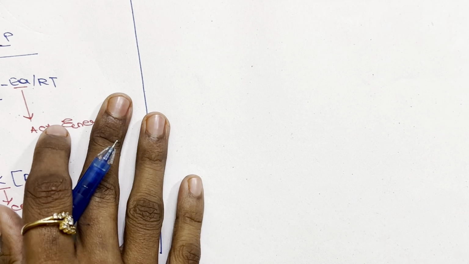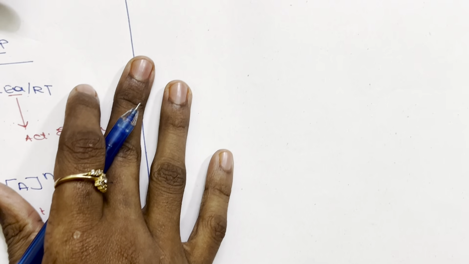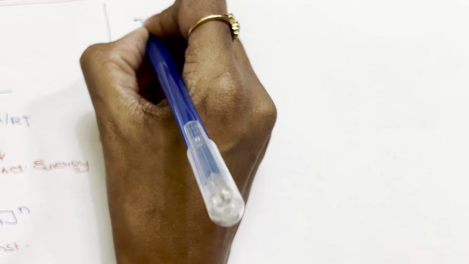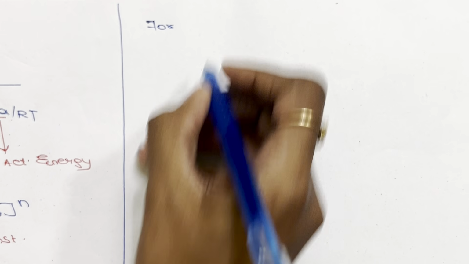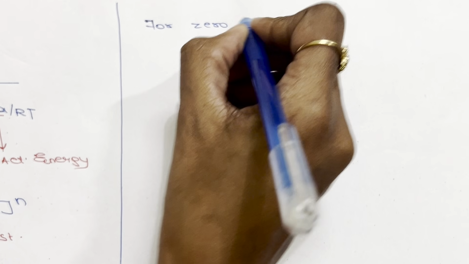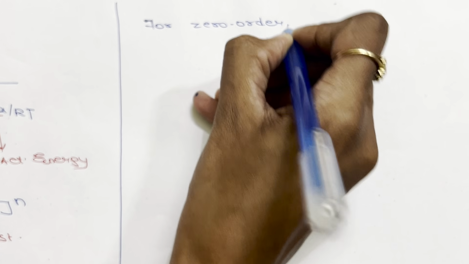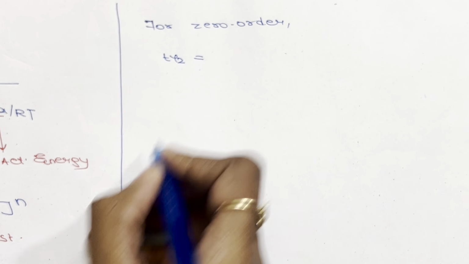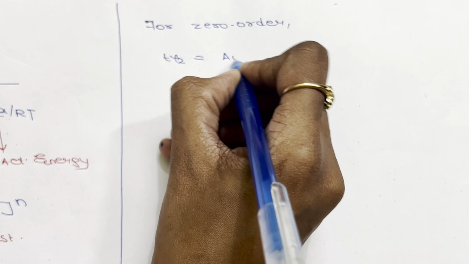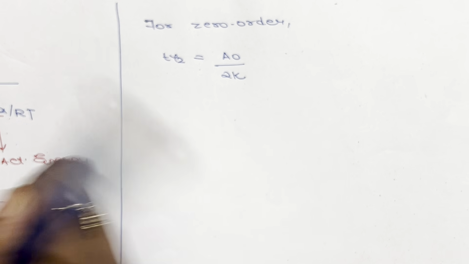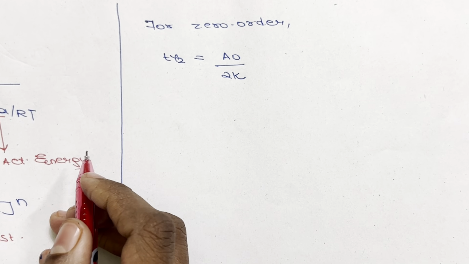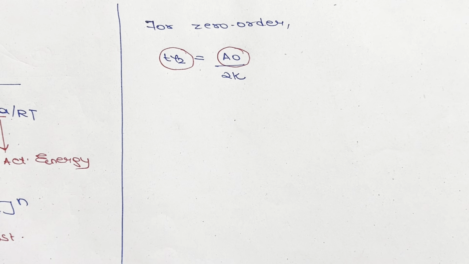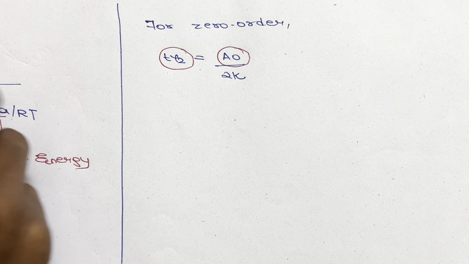We know the formula for the half-life of a zero order reaction: t half = A naught upon 2k. So t half depends directly on the initial concentration A naught.